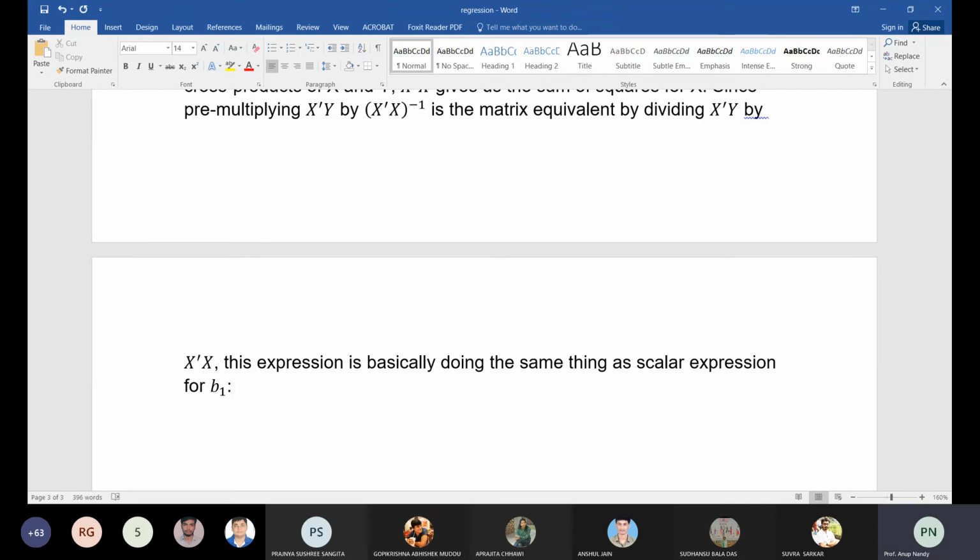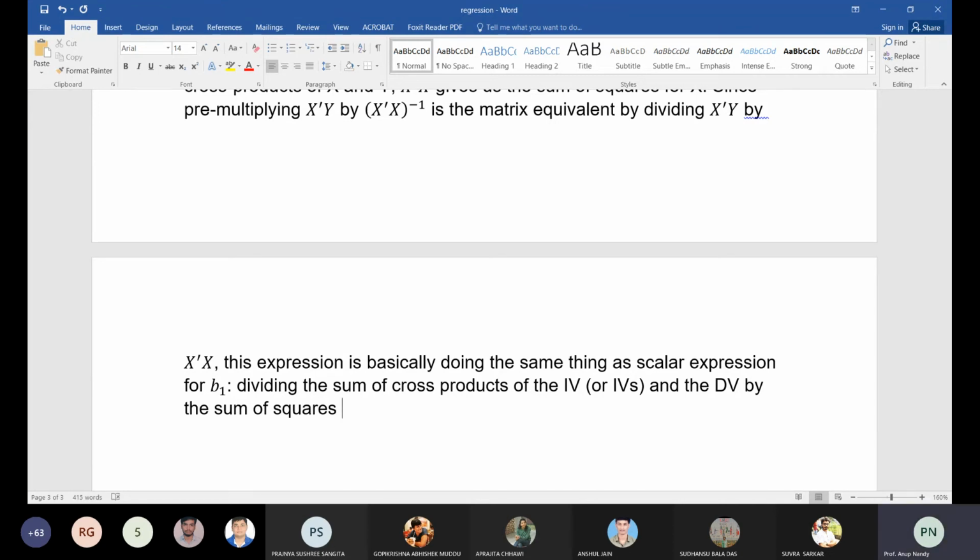It is simply dividing the sum of cross product of the independent variable or variables, either independent variable or independent variables, and the dependent variable by the sum of square for the independent variable or variables.